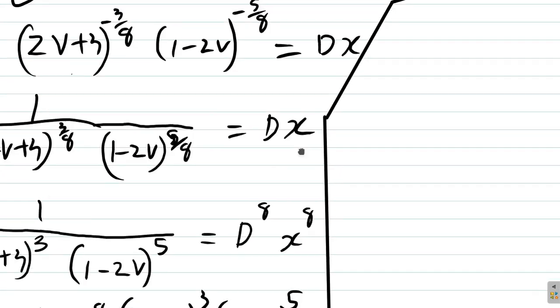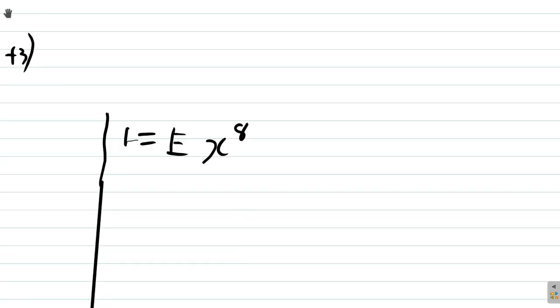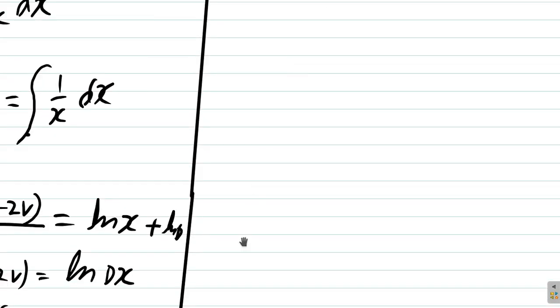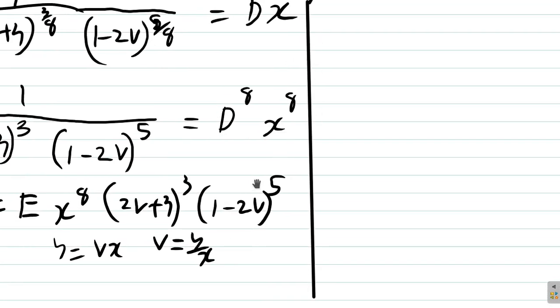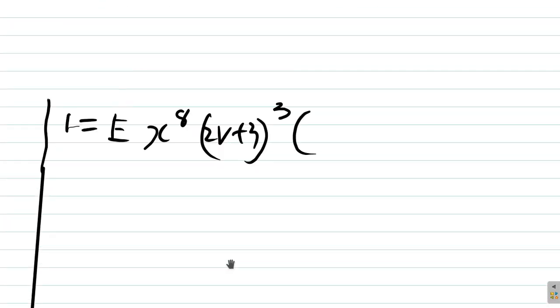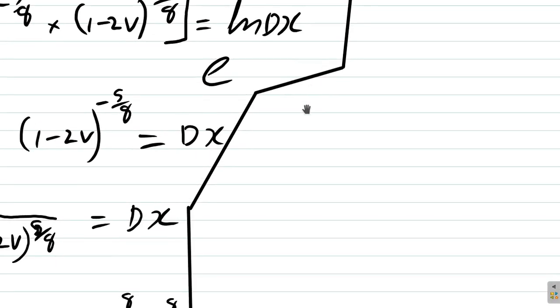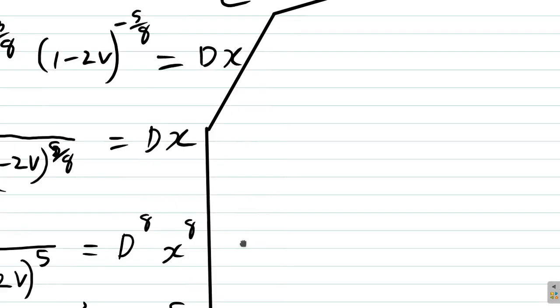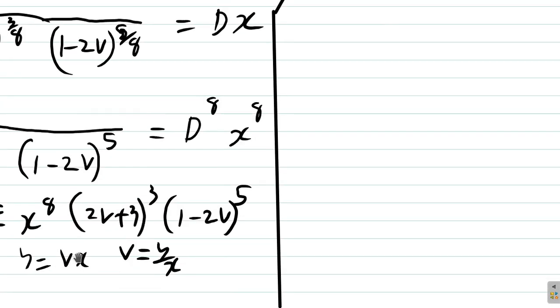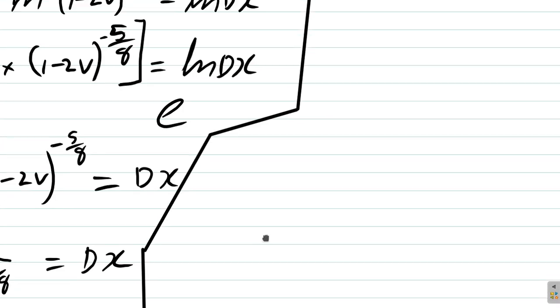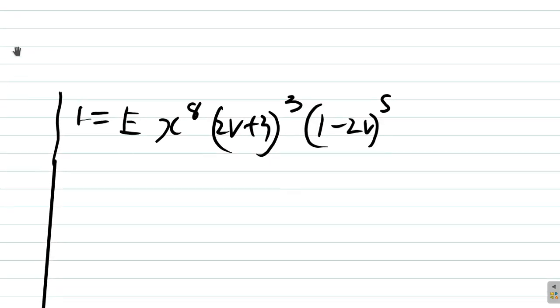We have 2v plus 3 cubed, 1 minus 2v to the 5th. All right. And we say that v is equal to y over x. Remember, y equals vx, so v is y over x. So let's change that now.